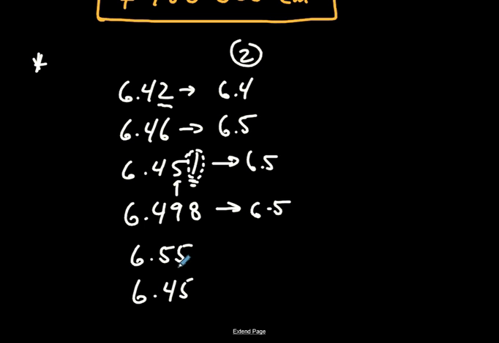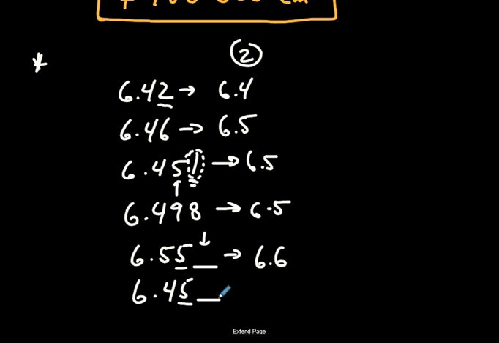Now the digit that we're looking at here is a 5 with no digit after it. Well, the rule is if the digit before it is odd, we round up, so it actually becomes 6.6.